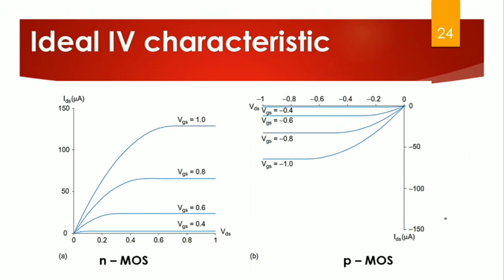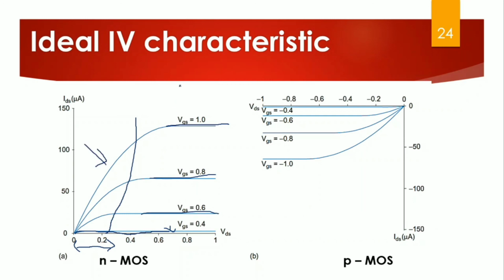Coming to the ideal VI characteristic, this is the graph where you can see the MOSFET is in cutoff region at this point. When you increase the gate voltage, you can see a linear increase from 0 to approximately 0.3, and after that you have a saturated value.